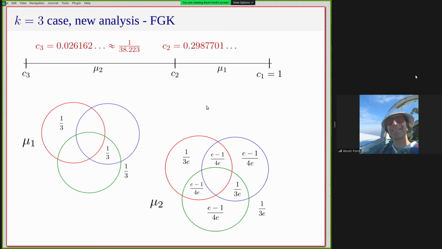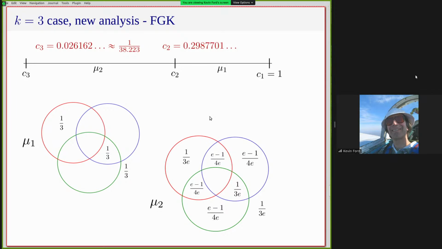We do have some specific expressions for that. In this particular case, those expressions were very easy, and they led to the numbers that you see here: 1 over 3e and e minus 1 over 4e. Those numbers pop out immediately from the analysis.